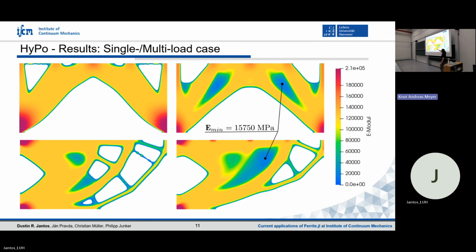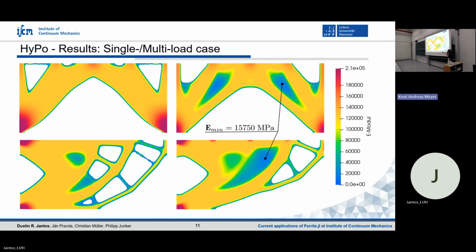So with a single load case, as I told you, you have some porosity. Basically, at the support points, you have full material and less porosity in the interior. But if you have multi-load cases, you get this foamy area, so to speak. What's depicted here is the effective Young's modulus. So it's somewhat like the porosity of the material.